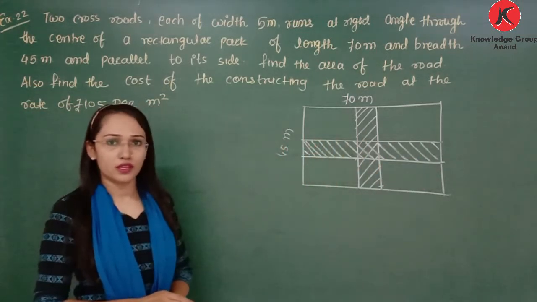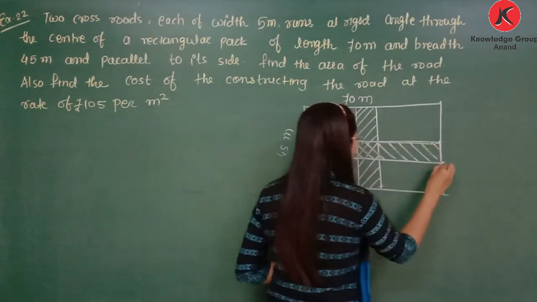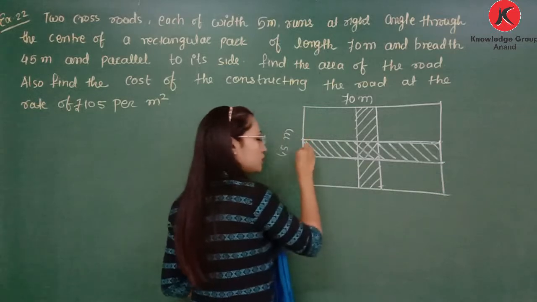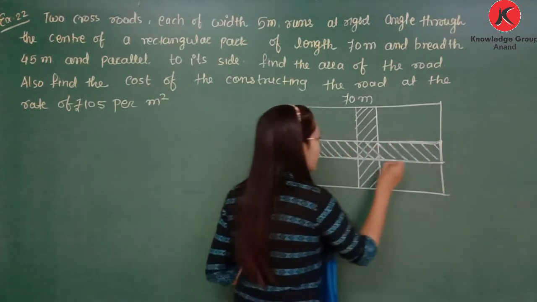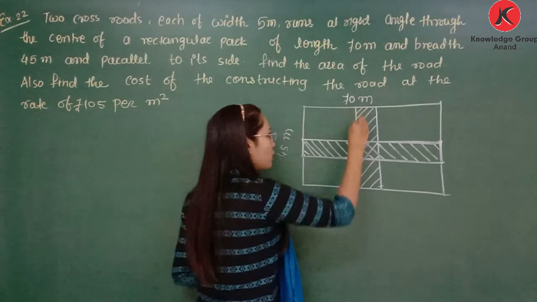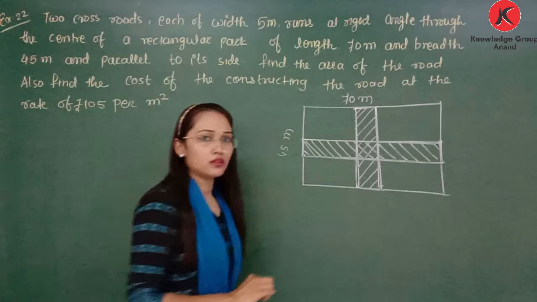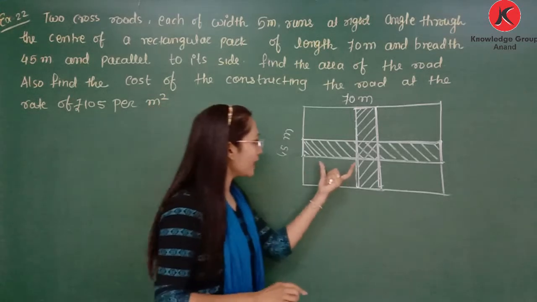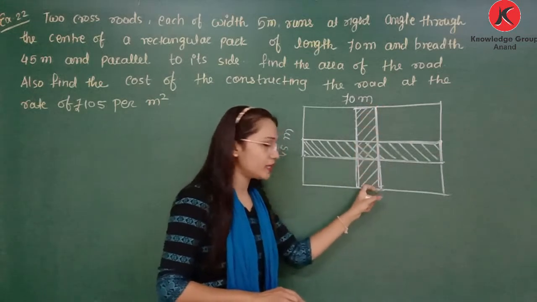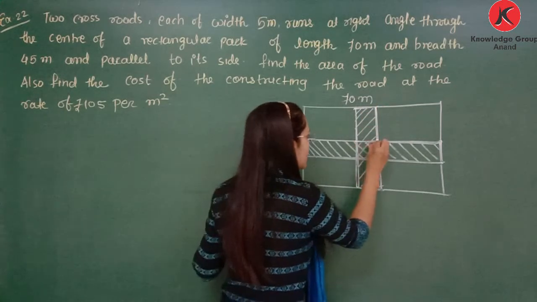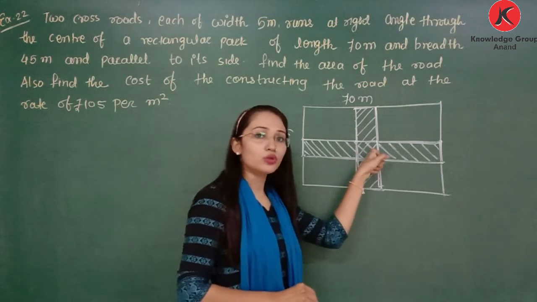But how can we find the area of this road? This road is of rectangular shape. So if we find the area of this rectangle and the area of this rectangle, then we get the area of the path. But here, when we calculate the area of the horizontal road and the area of the vertical road, you can see this area is counted 2 times.